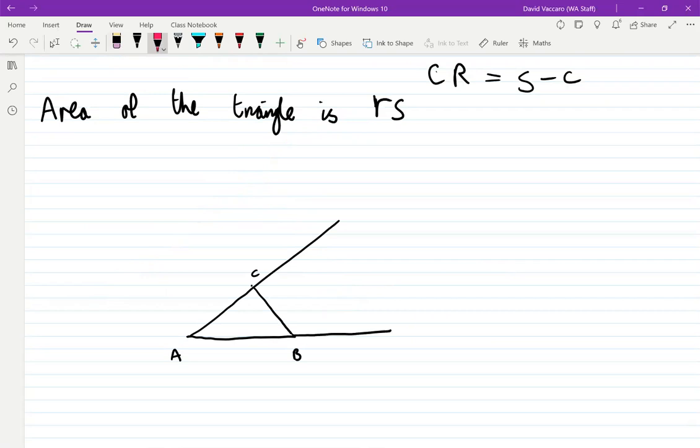I'm going to draw a circle that lies, and it's a little bit hard to draw, outside of the triangle and touches these three sides.